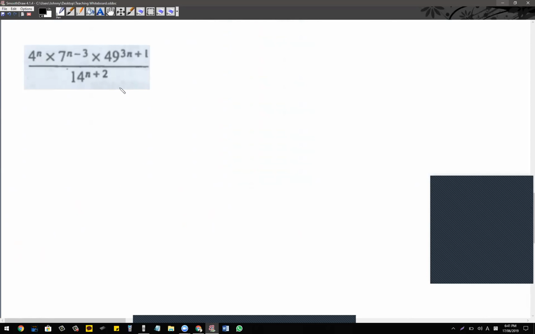I think this will be made up of 2s and 7s. Let's try that now. So it's 2 to the power of 2 to the power of n, 7 to the power of n minus 3, 7 squared to the power of 3n plus 1, over 14, which is the same as 2 times 7 to the power of n plus 2.